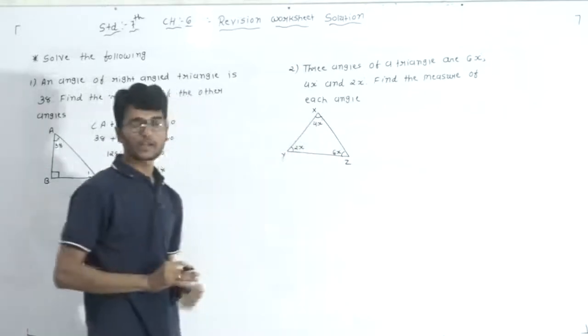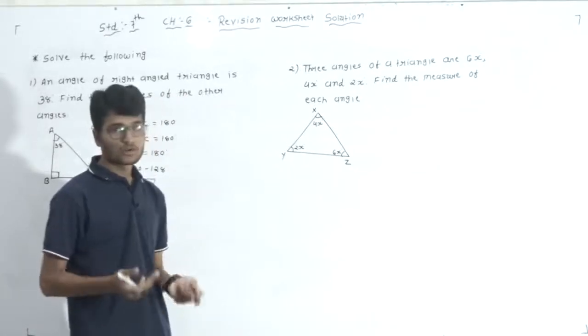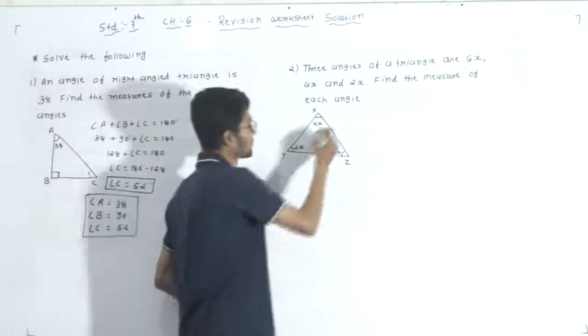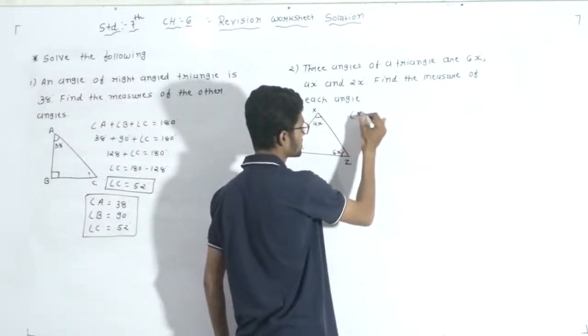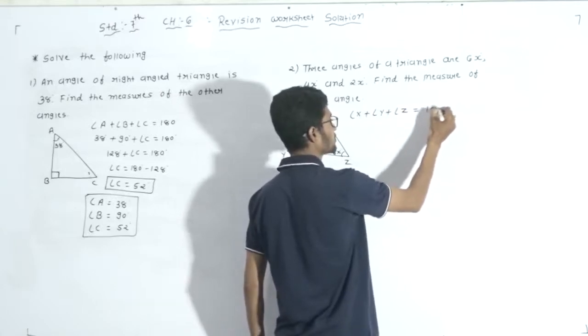So again, this one is a triangle. Using the sum of angles property, in a triangle the addition of three angles is equal to 180. So angle x plus angle y plus angle z is equal to 180.